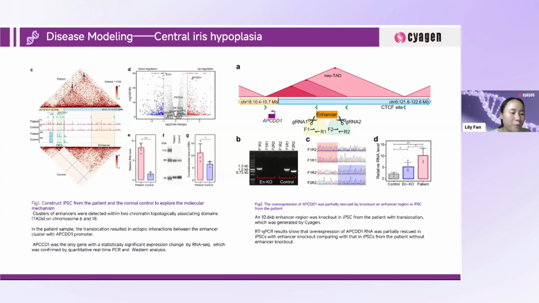A 10.6 kilobase enhancer region was knocked out in iPSC from the patient, which was generated by Cyagen. The knockout clones were validated by PCR and Sanger sequencing. RT-qPCR results show that overexpression of PRDM1 RNA was partially rescued in iPSC with the enhancer knockout, compared with that in iPSC from the patient.